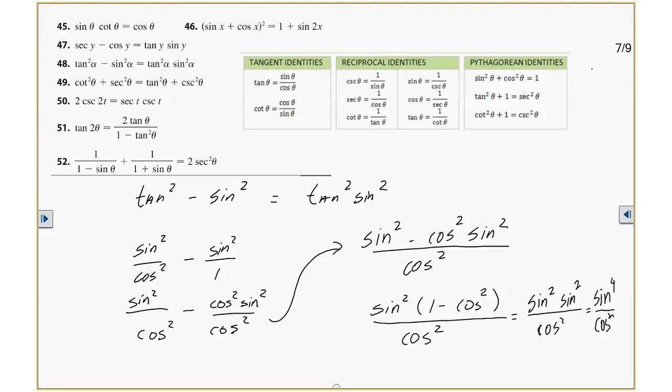Well, you changed 1 minus cosine squared. 1 minus cosine squared is sine squared. I'm saying take sine squared over cosine squared, change that to tangent squared, and then change the 1 minus cosine squared to sine squared. So that's tangent squared minus sine squared. Yeah, that's where we messed up.